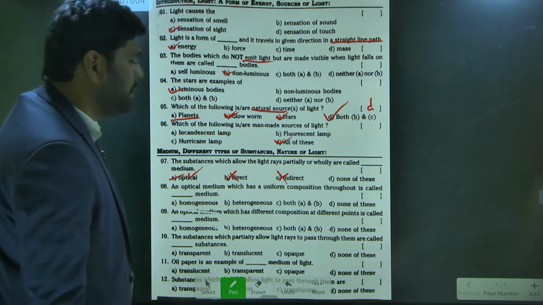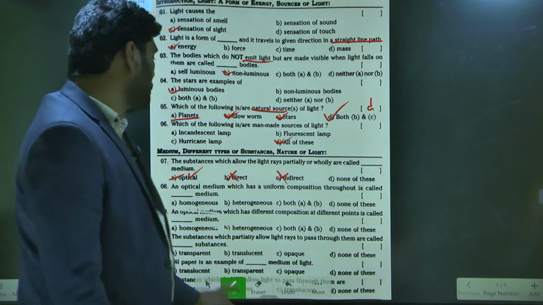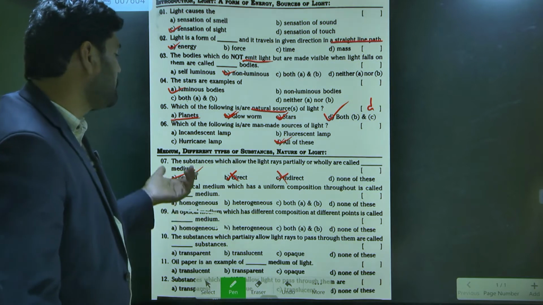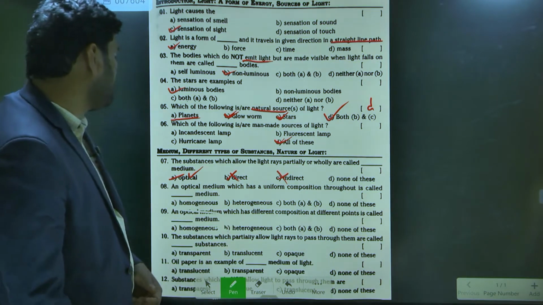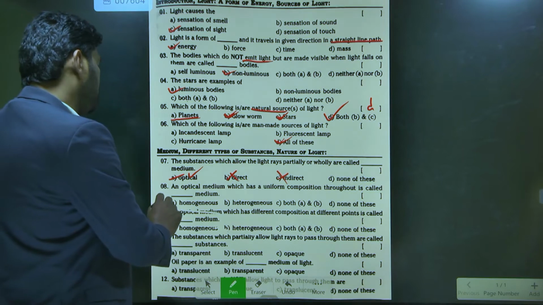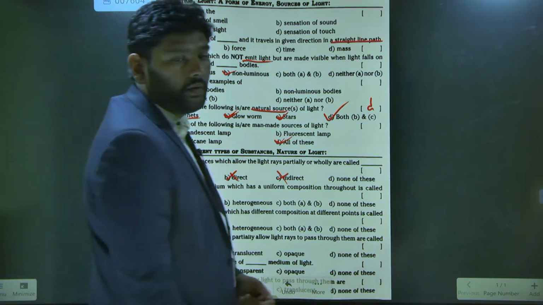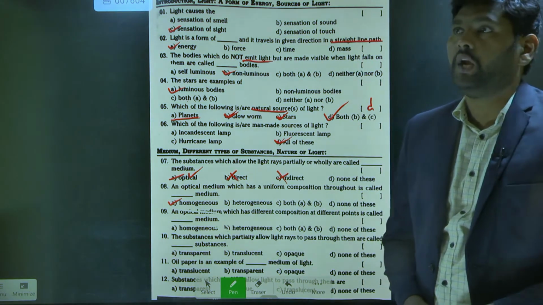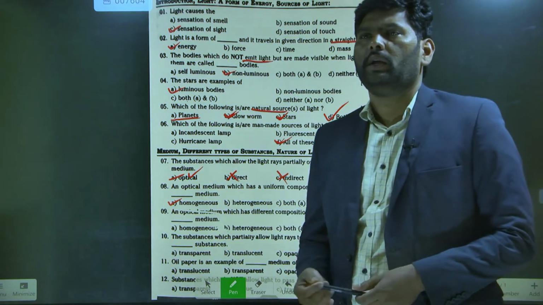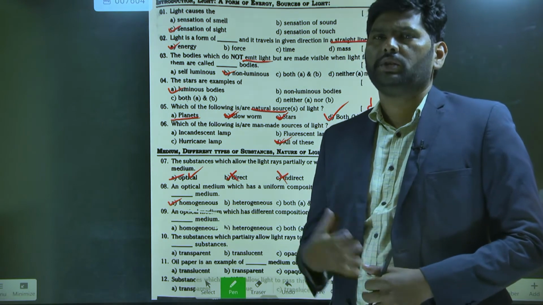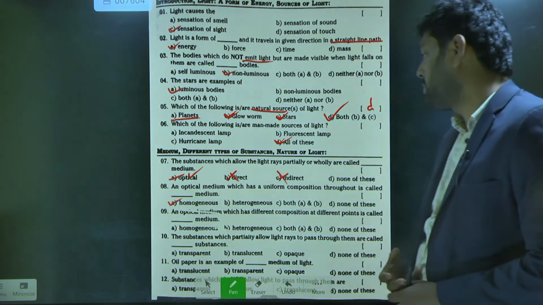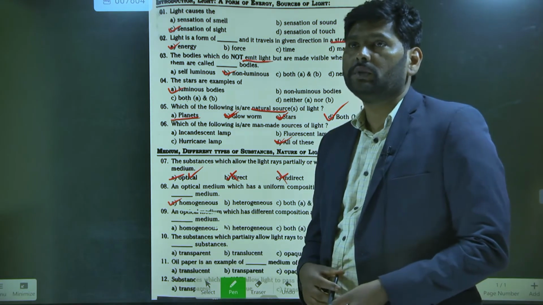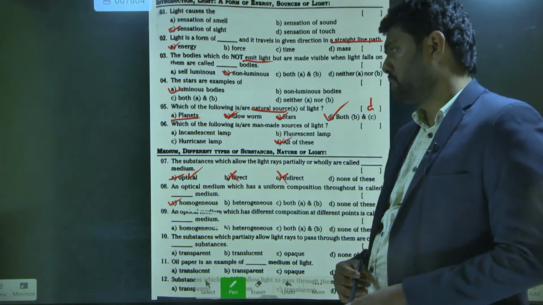Very good example it is. When the composition throughout the path, throughout the medium is uniform, those kinds of mediums are homogeneous mediums. For example, water is a homogeneous medium, and if you mix anything into the water, it becomes a heterogeneous medium. Even milk is a heterogeneous medium.